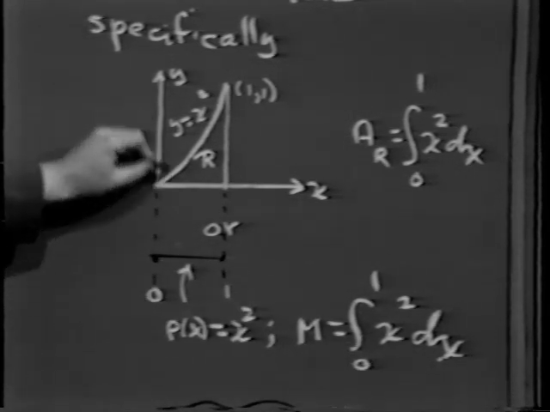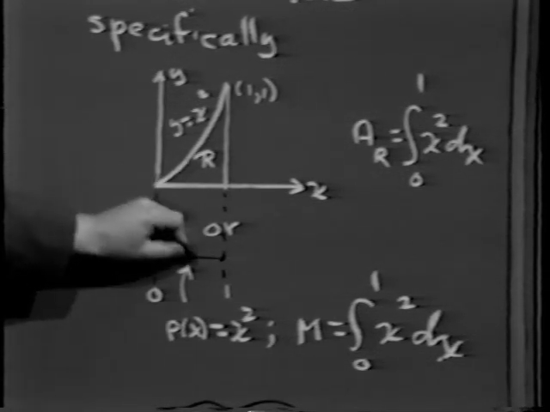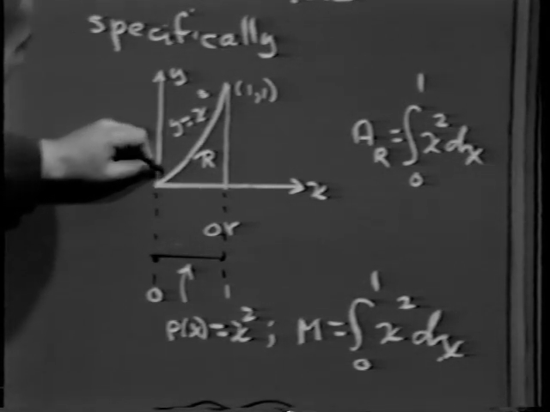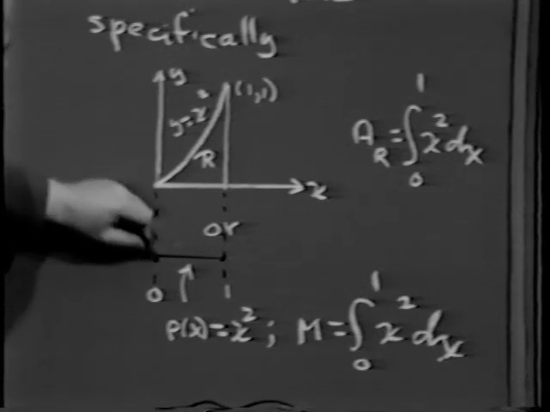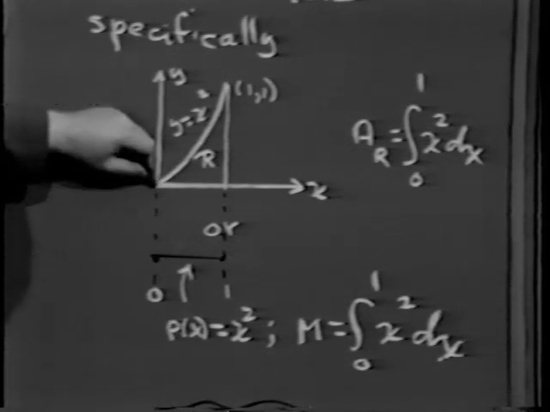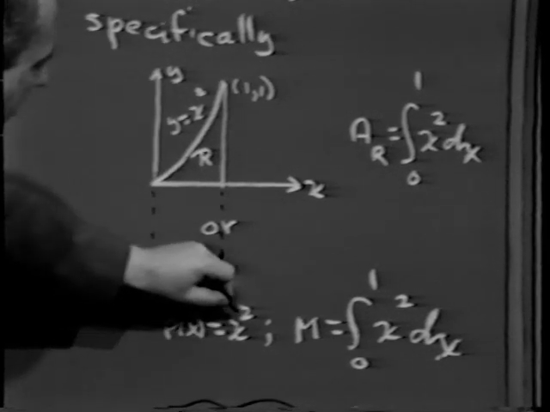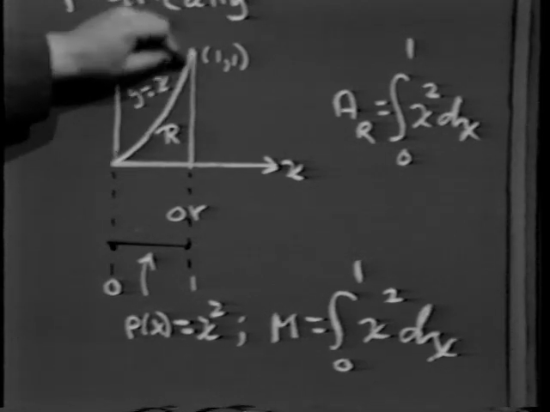By the way, notice again a very important thing that comes up here, and that is that these two diagrams may be used for the same problem. You see, in many cases, when one has a density distribution like this, one visualizes the density being plotted. In other words, the density rho of x equals x squared is plotted as the curve y equals rho of x, in this case, y equals x squared.